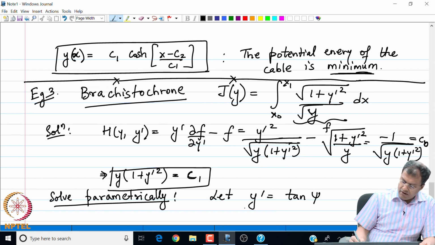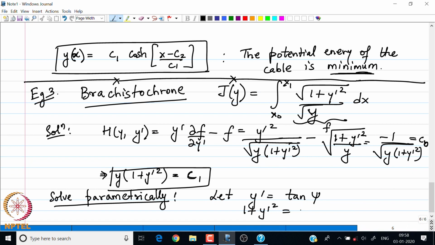Okay. So immediately we can see that 1 plus y prime squared is 1 plus tan squared psi, which is secant squared psi. Let me call this boxed expression 1 and this second expression 2.